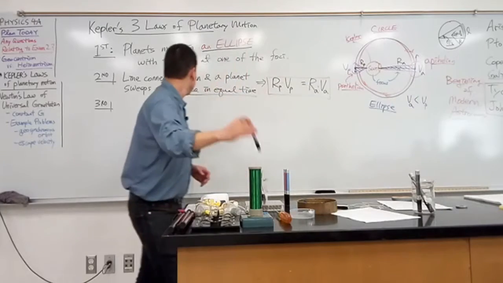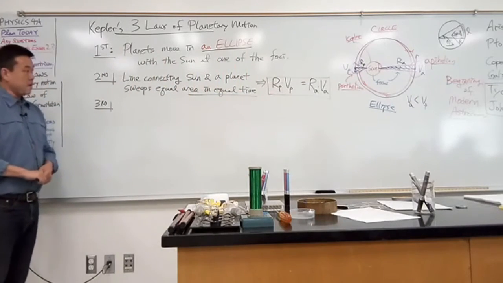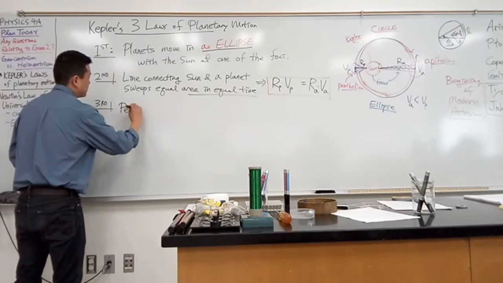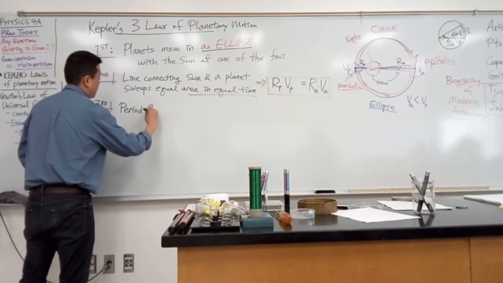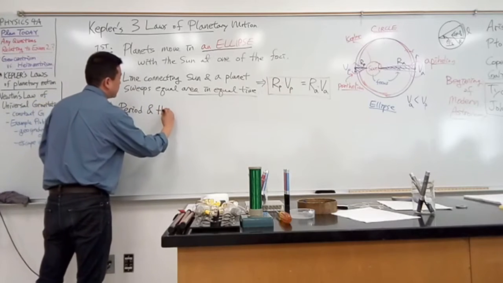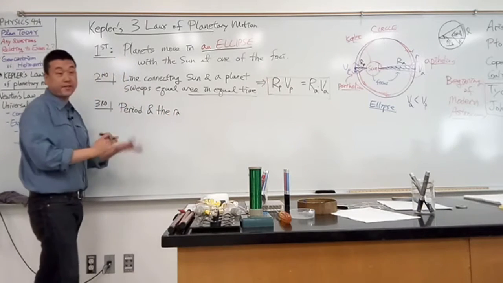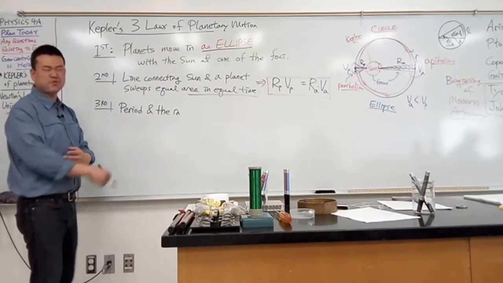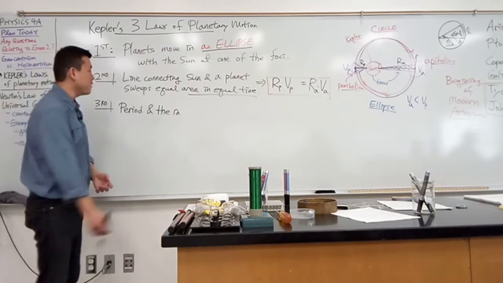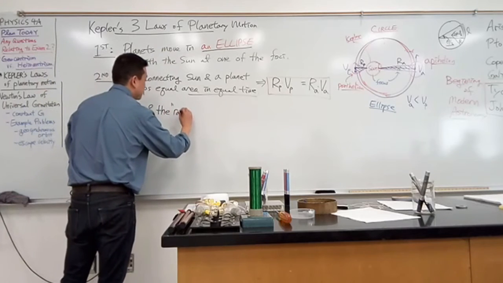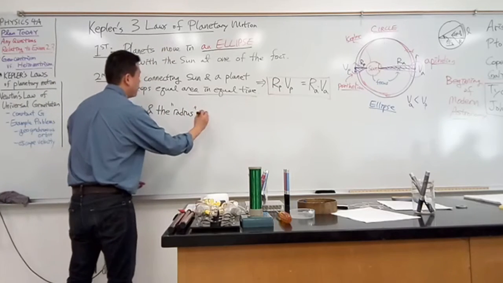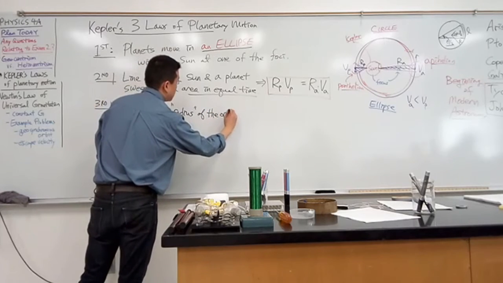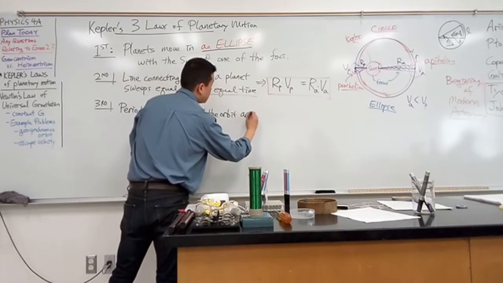It says that the period and the radius, or I guess the average radius, because it's an ellipse, so something like a radius, call it the semi-major axis or whatever, so something like the radius of the orbit, are related.